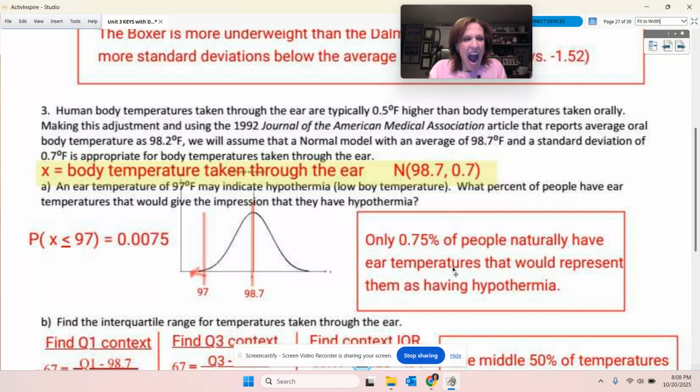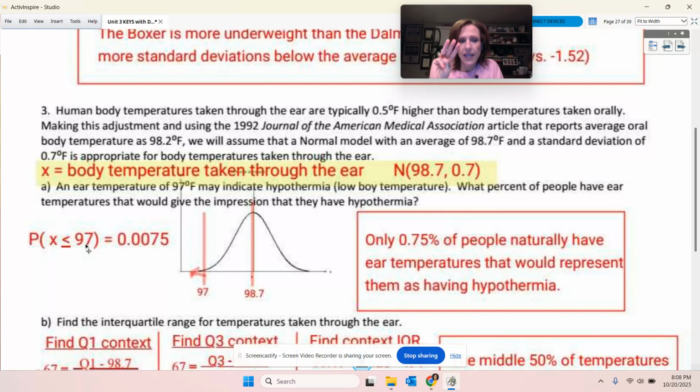All right, here are the things you have to do. Number 1, define x: x is the body temperature taken with the ear. Number 2, define the normal model, with a mean of 98.7 and a standard deviation of 0.7. Number 3, define what you are looking for. In this case, I'm looking for the probability that I get a temperature below 97.